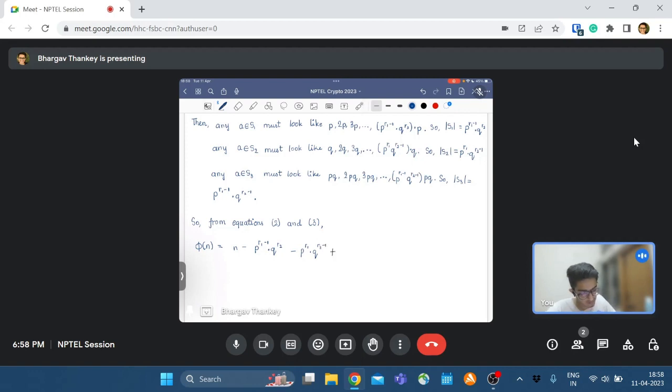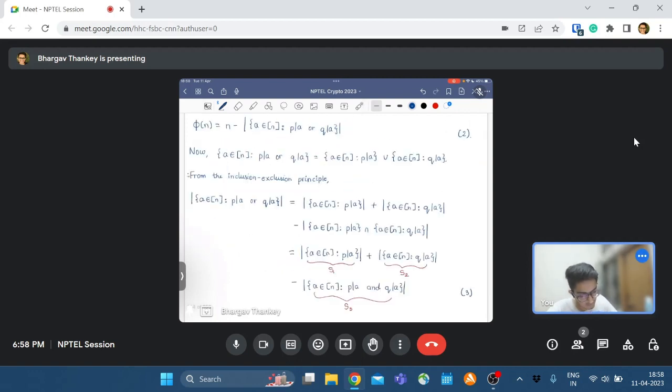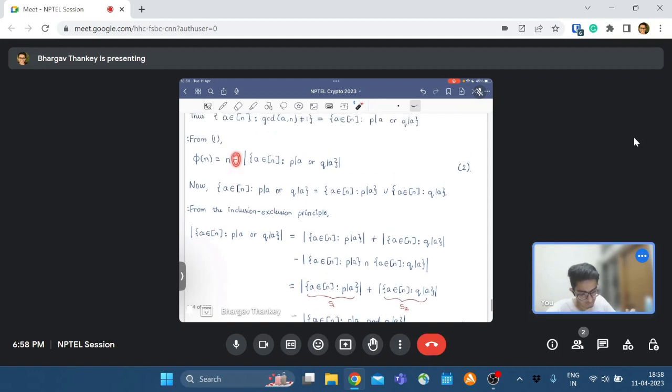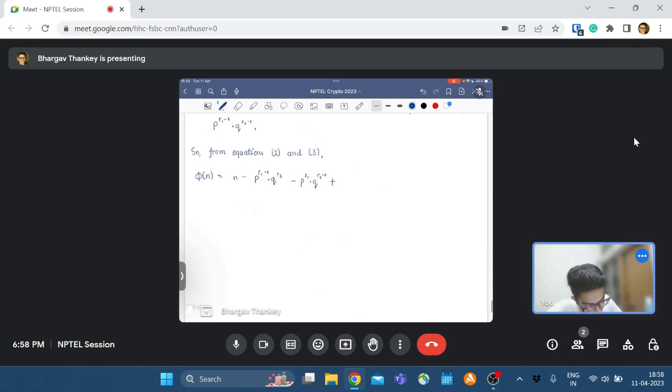And there is a minus over here, but there is also a minus over here, so it becomes plus. Yeah, so this is fine. So now let's simplify this. Recall that N was this.